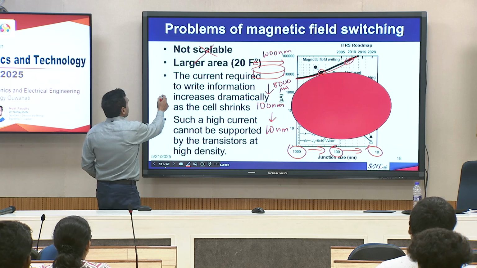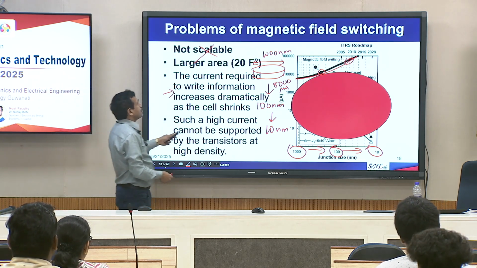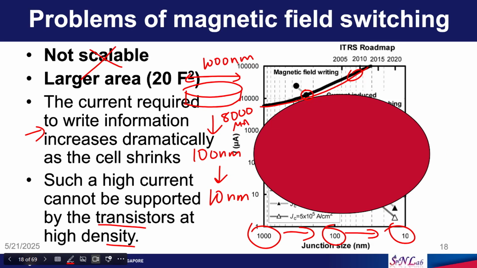That is what I mentioned here. This large current also cannot be supported by transistors. As you go from say 45 nanometer technology to 28 nanometer technology, the current delivered by a transistor in 45 nanometer will be higher, and the current delivered by a transistor in 28 nanometer will be lower.